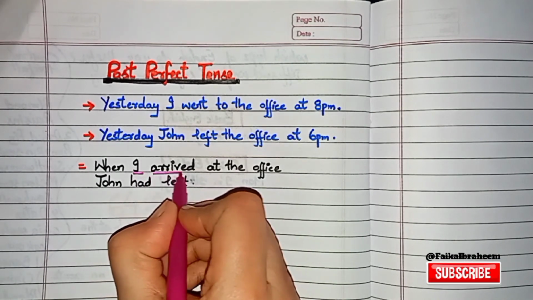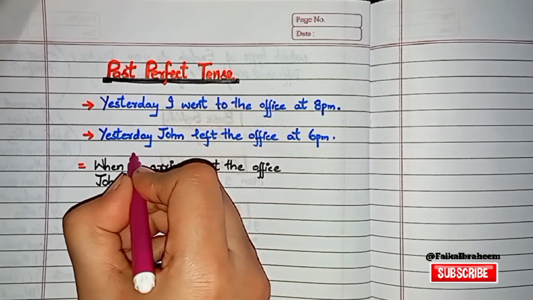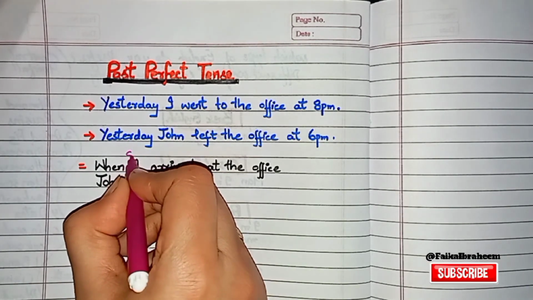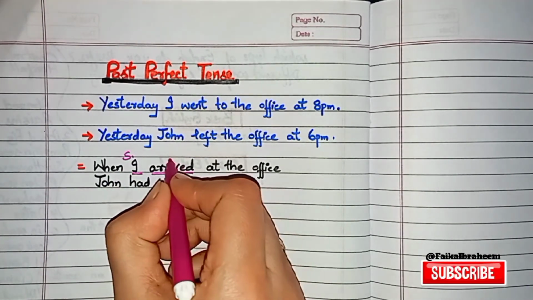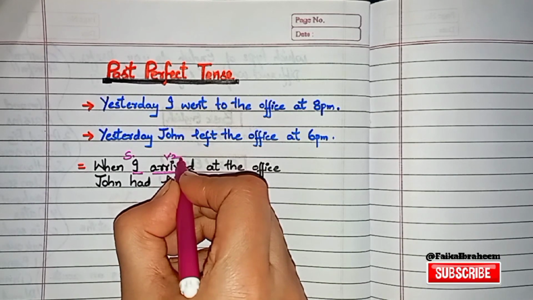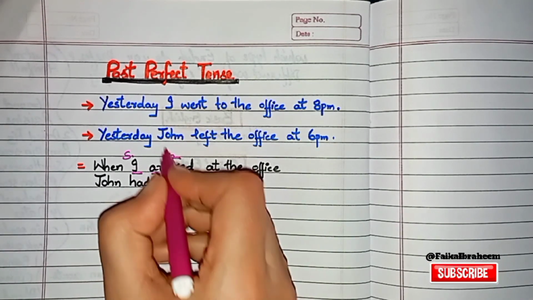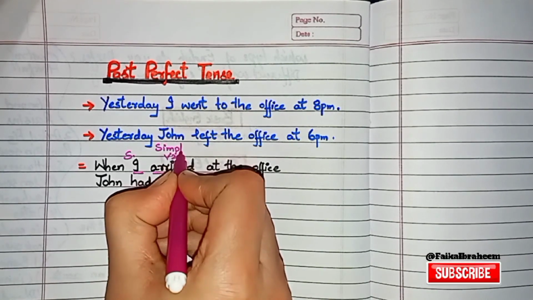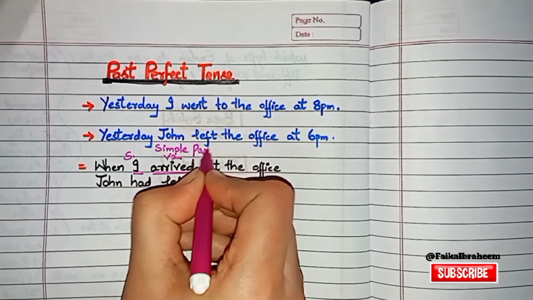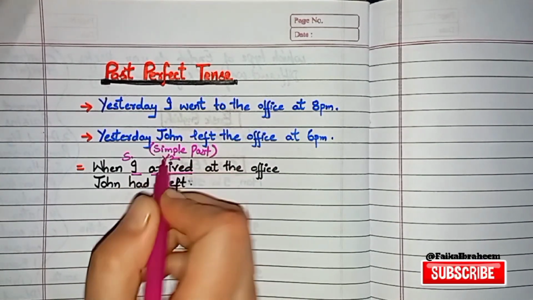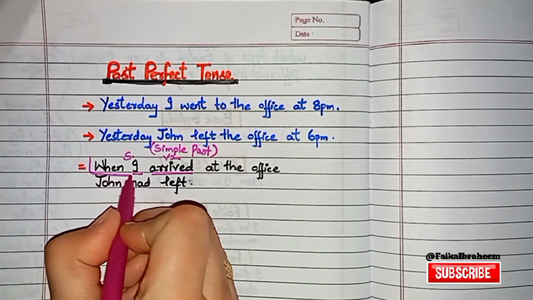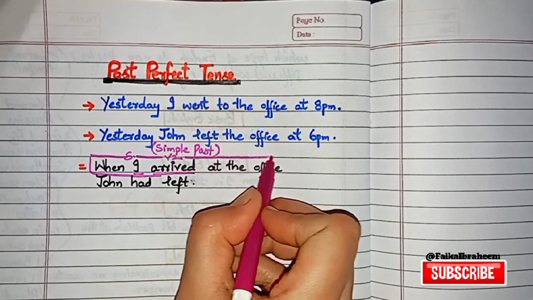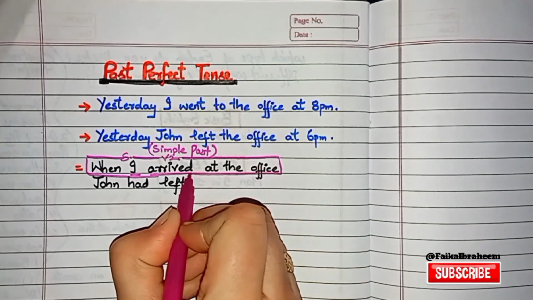I arrived. I is subject and arrived is second form of verb. So, which tense is this? Simple past tense. The first sentence that we have is simple past tense.